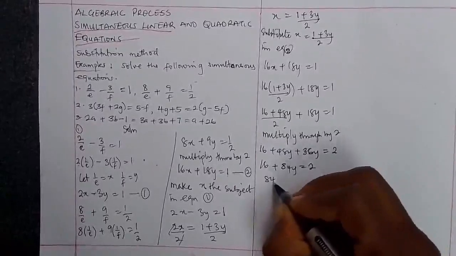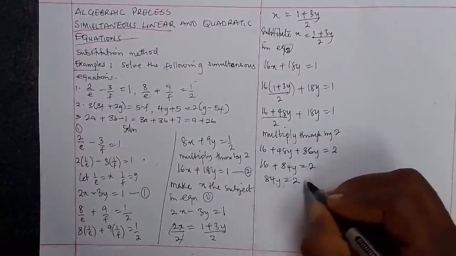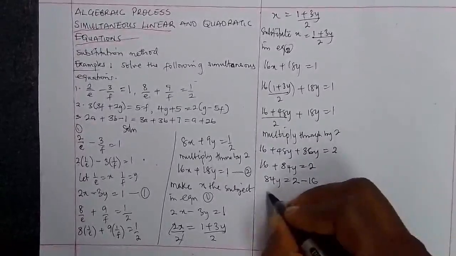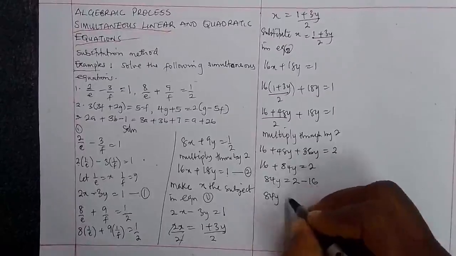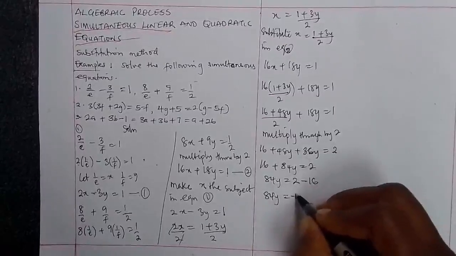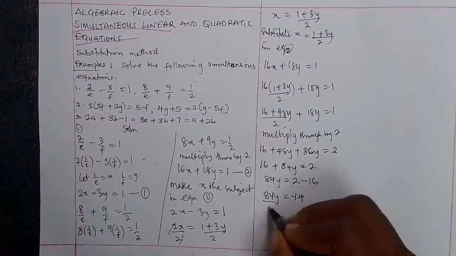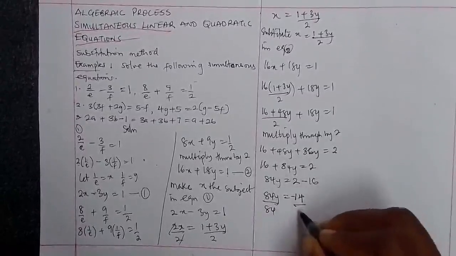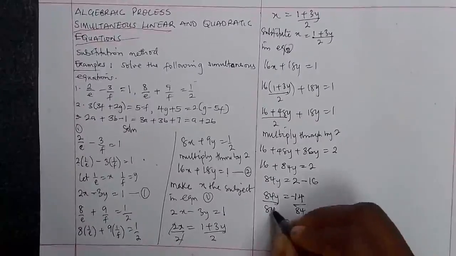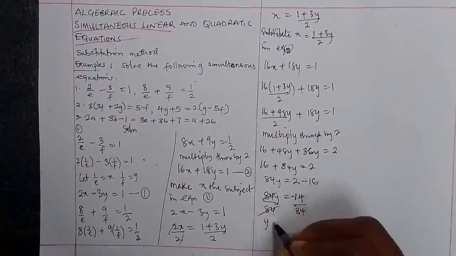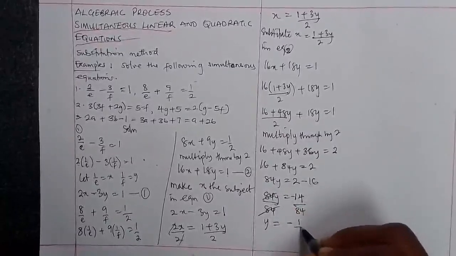So 84y is equal to 2 minus 16. 84y is equal to minus 14. We divide both sides by 84 so we can make y stand alone. So y is equal to minus 1 over 6.